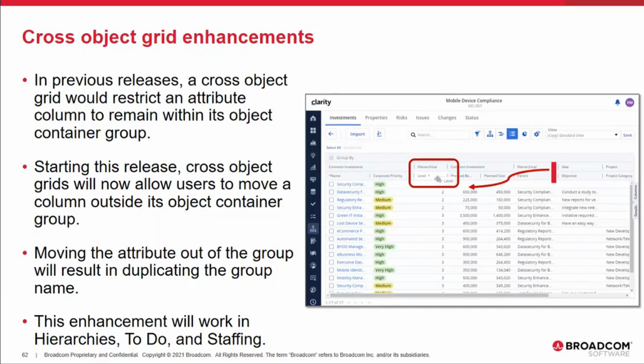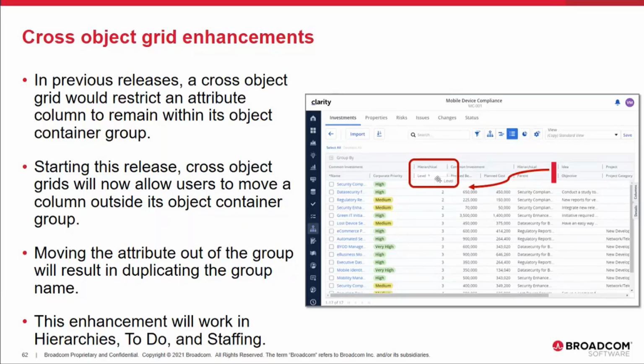Customers asked us to enhance that, saying they want the ability to move those respective attributes out of their group and arrange them to see the data as they would like to see it. So if they want to see the task name, then the investment name, then the to-do name, then the rest of the task and the investment values, they should be able to do that.